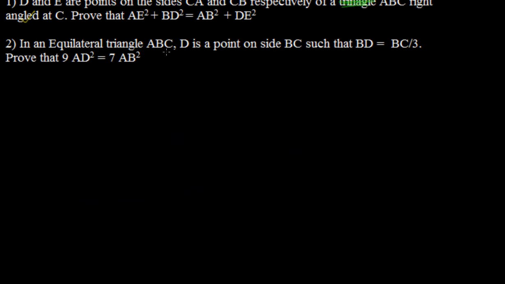Here you go. In an equilateral triangle ABC, let me draw that one. Assume that this is an equilateral triangle ABC. I will say this is A, this is B, and this is C. D is a point on side BC, let us say this is the point D, such that BD equals BC by 3.